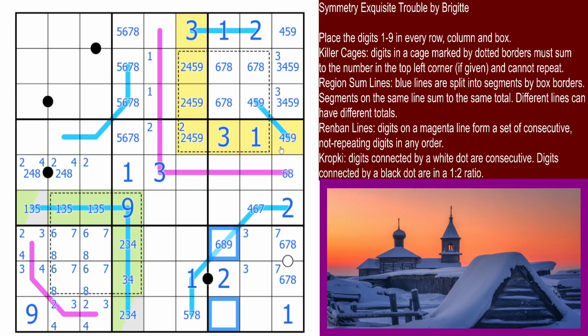9. 9 is here, right? In this box, 9 is not here. 9 is not here. 9 is one of these two. Come on.